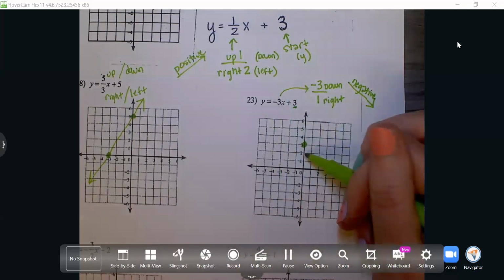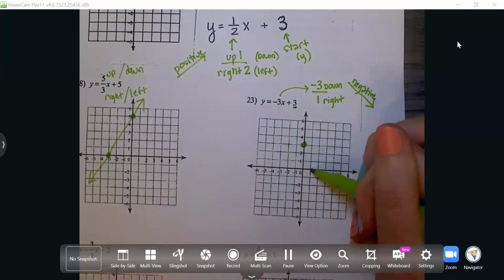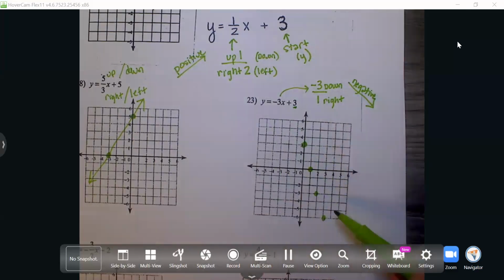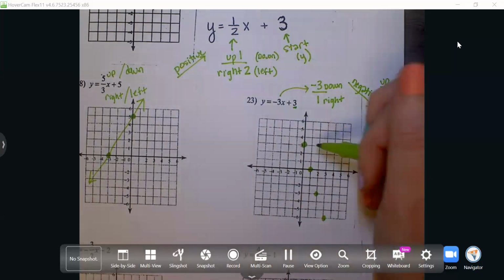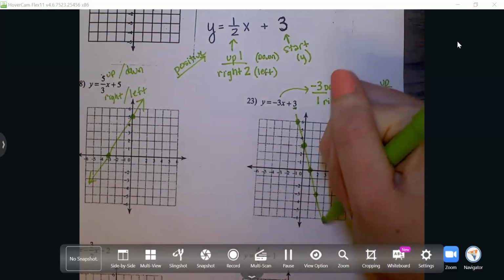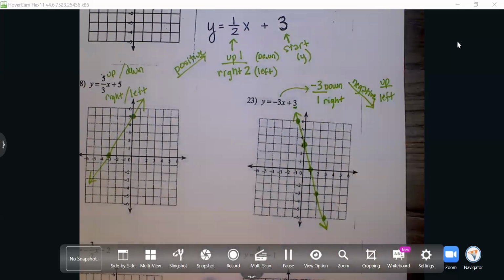Down 3 to the right 1. If I wanted to go in the other direction, I could go up and to the left in the opposite direction. Up 3 and to the left 1. And that would make my whole line.